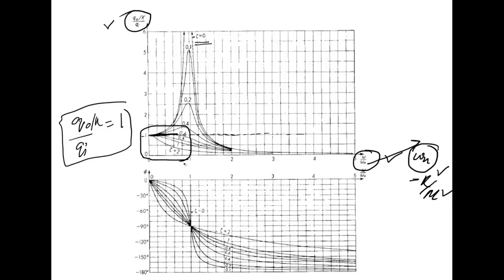And this is also evident from the phase response, or the phase angle between the output and the input that we see in the frequency response functions. This is the ratio again, omega by omega n, on the horizontal axis, and we see that at resonance we have a minus 90 degree phase shift. But as we go beyond this value on this side, there's a huge phase difference between the output and the input.